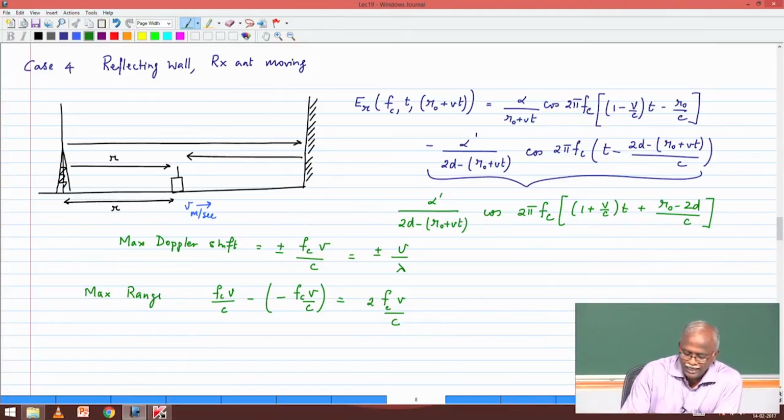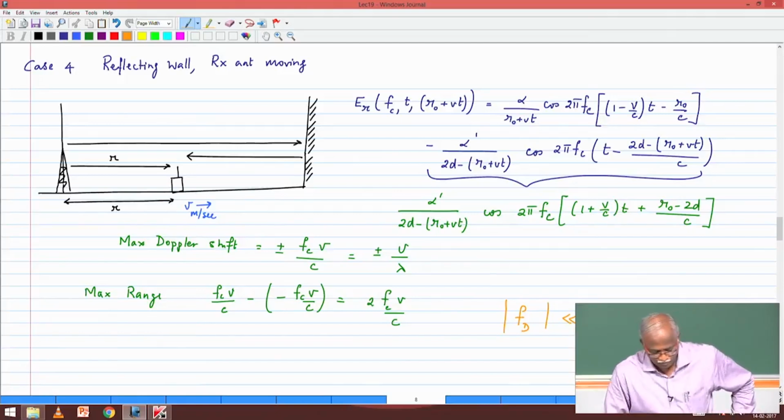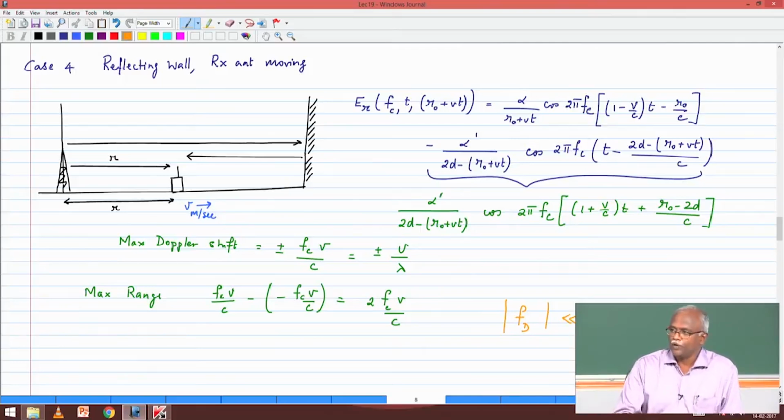Okay. So another point that we have made is that the Doppler shift Fd magnitude is much less than the carrier frequency. Again, just an observation, because in the next example we will be building upon this. Okay, is this clear? Basically what we have shown is a combination of case 2 and 3.